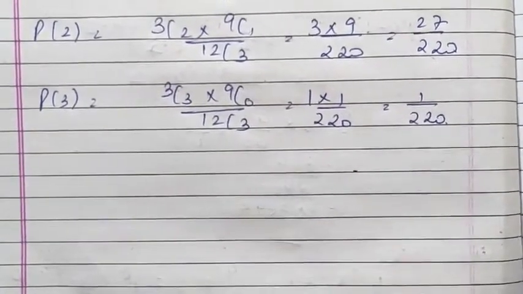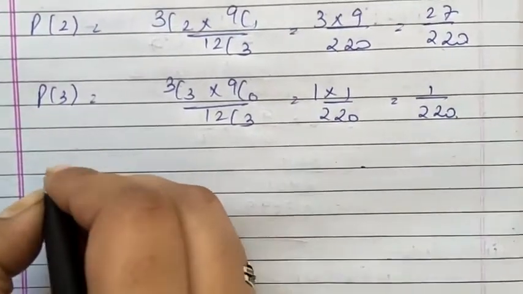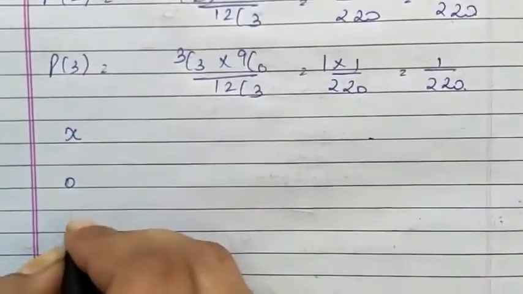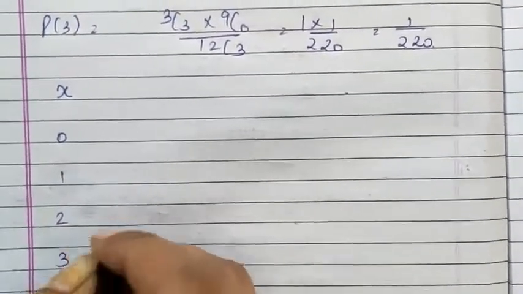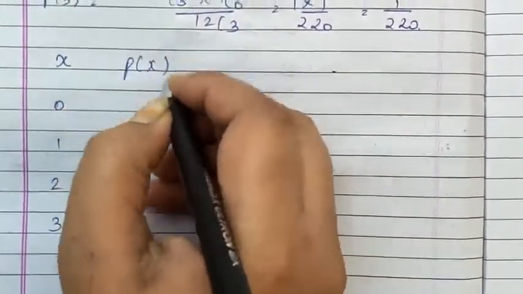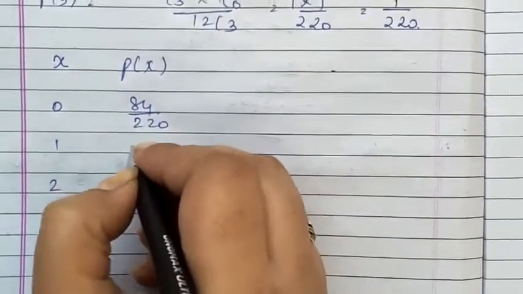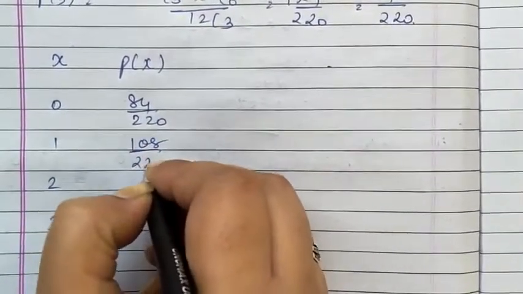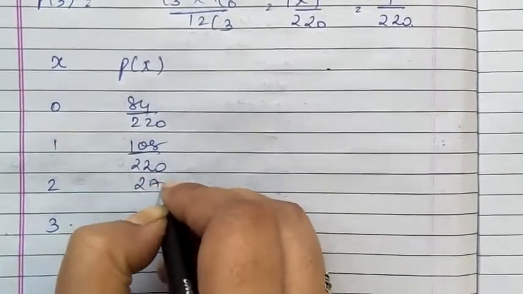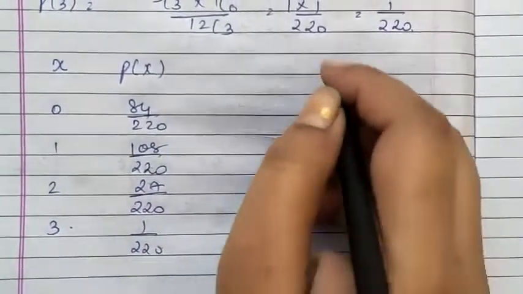Now we will find x square px. So for that we need to make the table, that is 0, 1, 2, 3, then px. We have found here 84 upon 220, 108 upon 220, 27 upon 220, 1 upon 220.